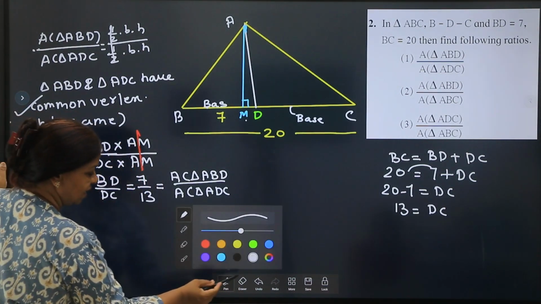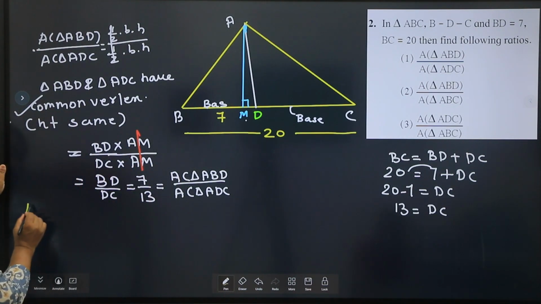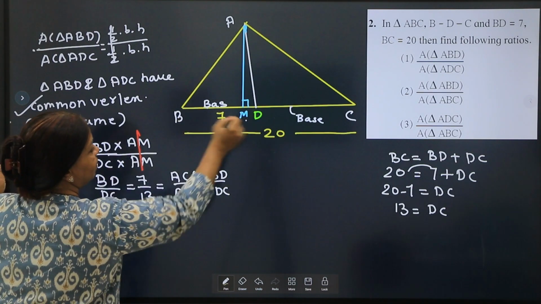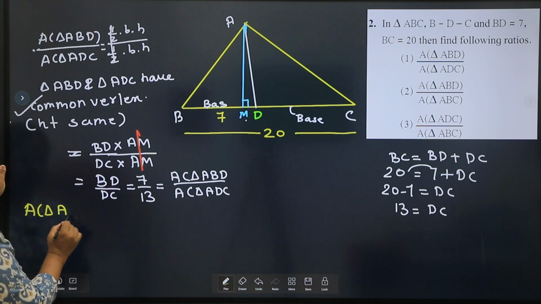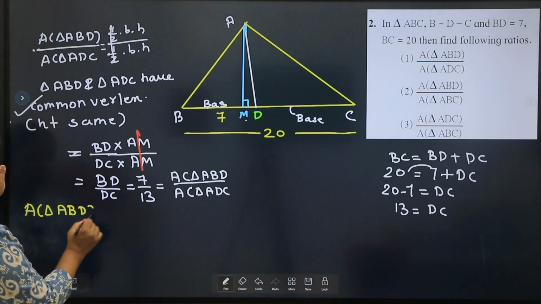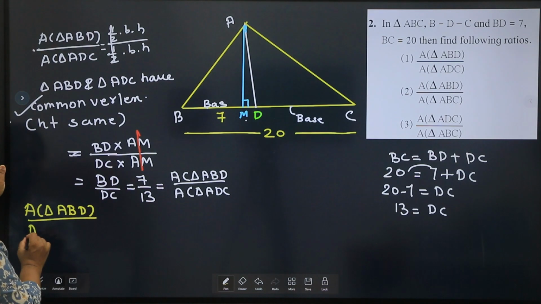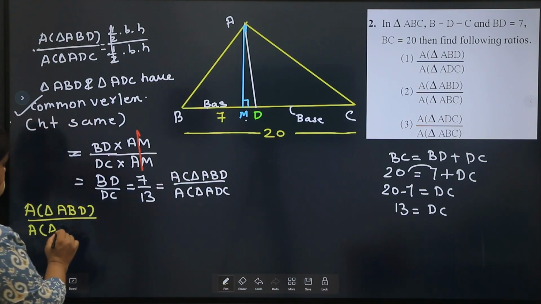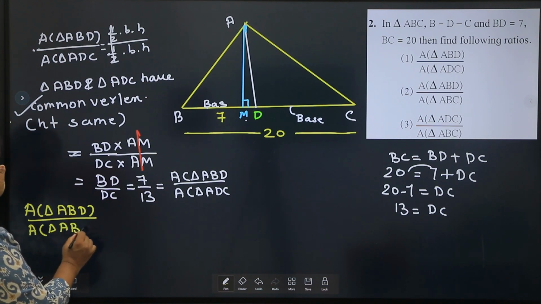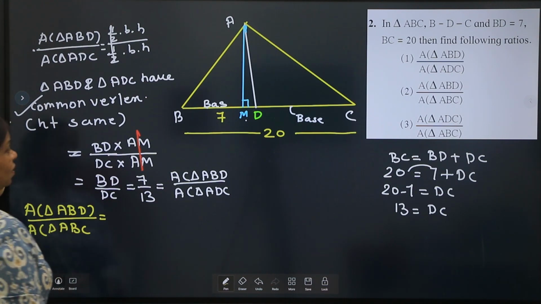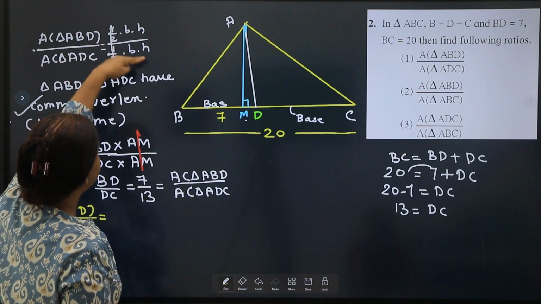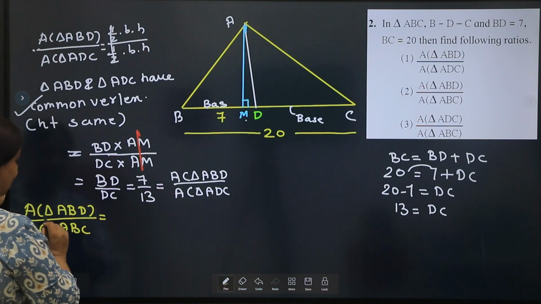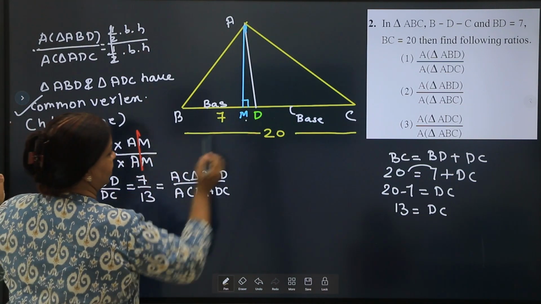I can directly write here, children, now: area of triangle ABD upon area of triangle ABC. Half gets cancelled, height gets cancelled, because the height is the same. So what will be left? ABD base is BD.